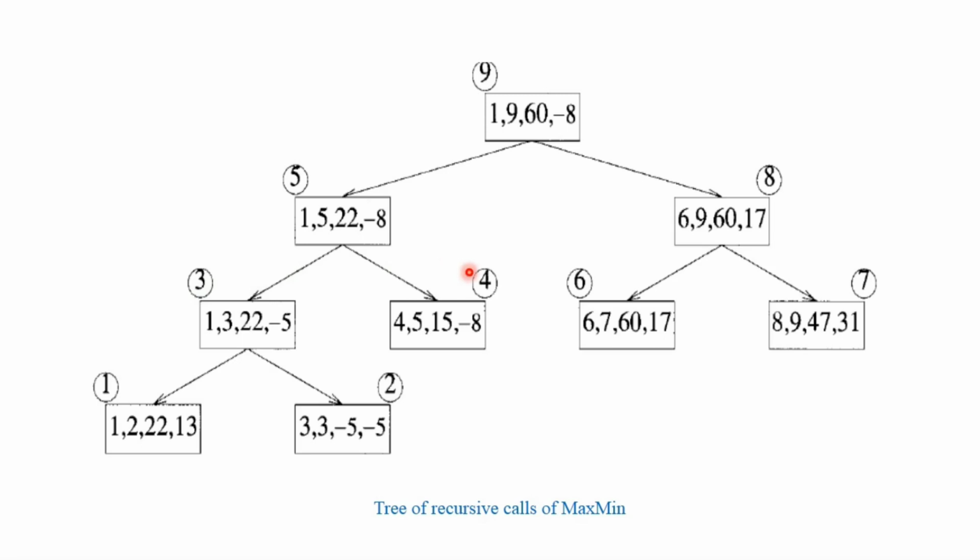So that is 3. 4 represents later I get a solution to this. After both 3 and 4 are obtained, I can get solution to 5. Similarly, 6 and 7 together, after obtaining them only, I can get the value of subproblem 8. After getting both 5 and 8, then only I get the final value, that is the solution to the main problem, original problem. So last I get this solution.